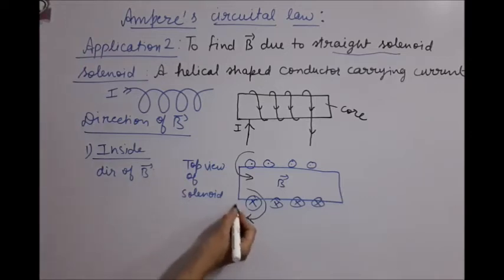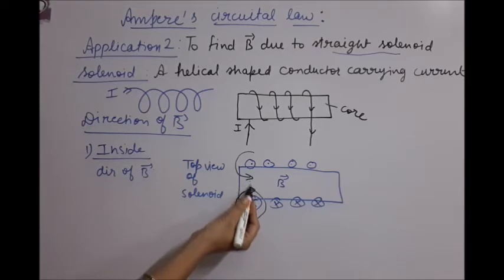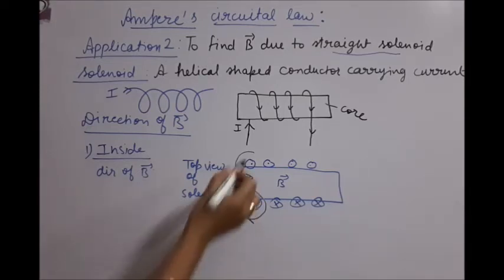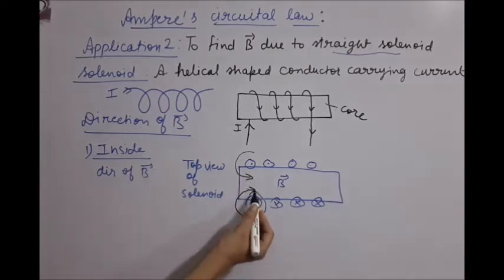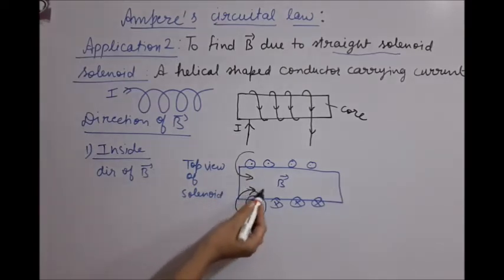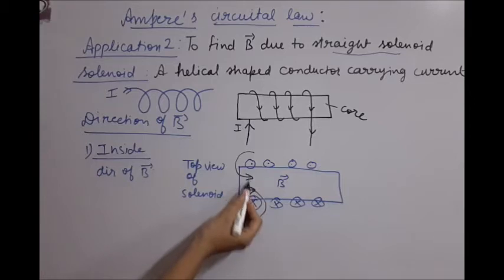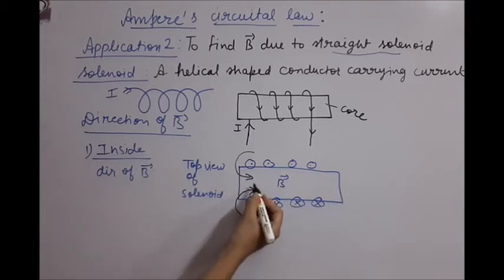Now if I continue its path, here at the center, inside the solenoid, the magnetic field due to this current and due to this current are in the same direction, so they are adding, and the net magnetic field is this.